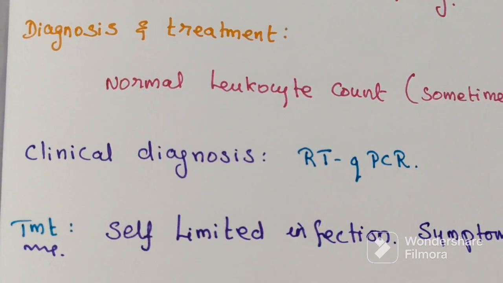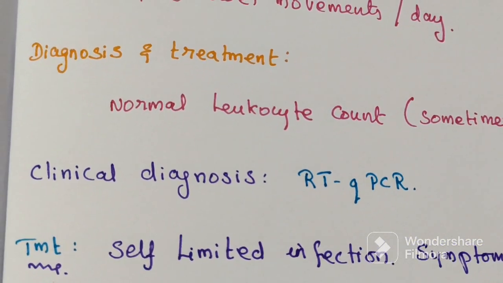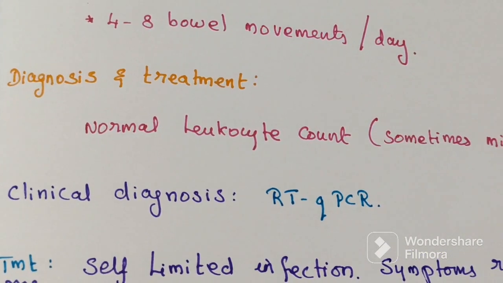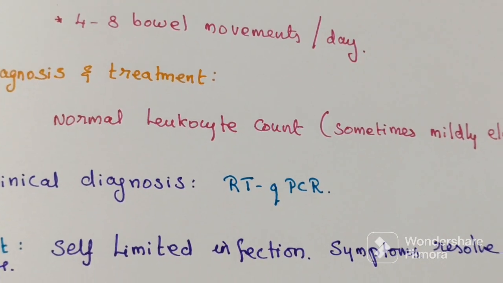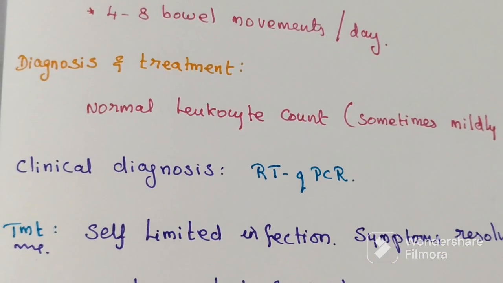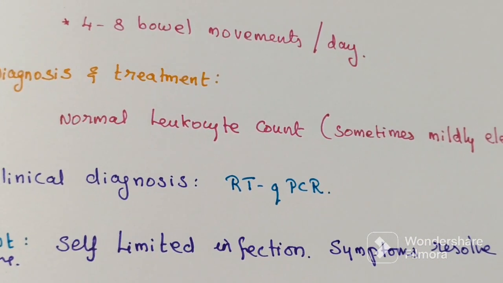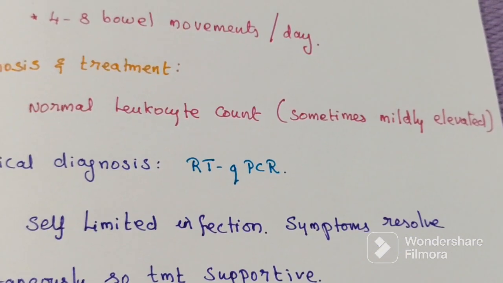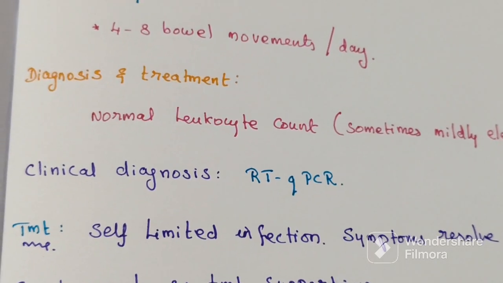How do we diagnose and treat norovirus? In laboratory investigations, we often see a normal leukocyte count, but in some cases it can be mildly elevated. The diagnosis is a clinical one.